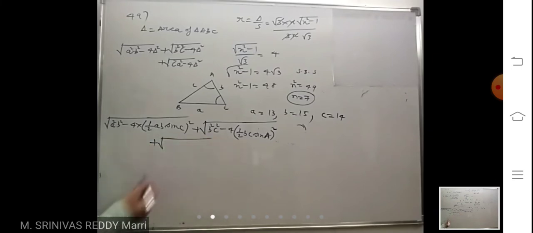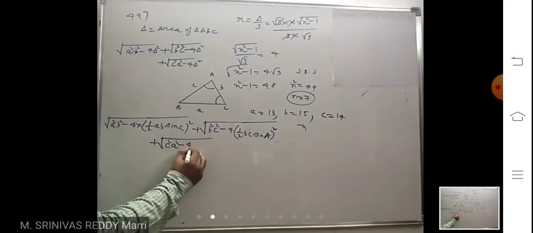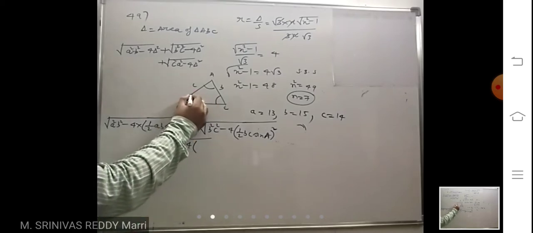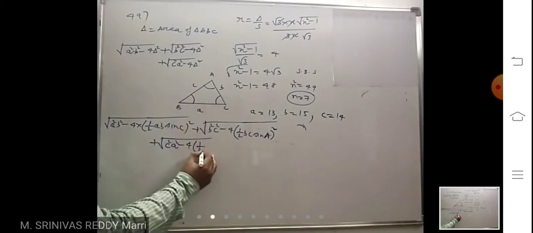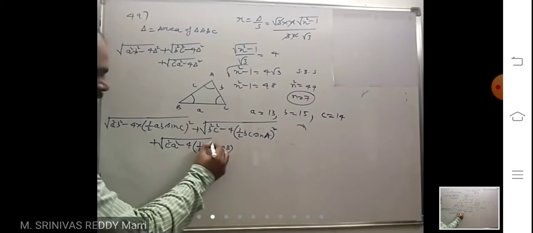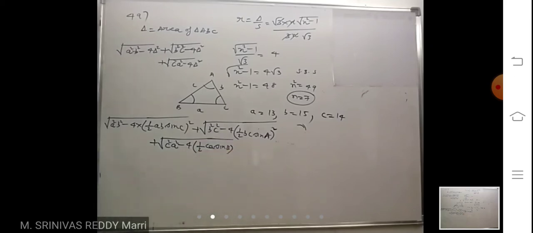Next, root of C square A square minus 4 into, for delta, you can write half CA sin B also. Now this 4 and 1 by 4 will get cancelled, and A square B square you will get like this.